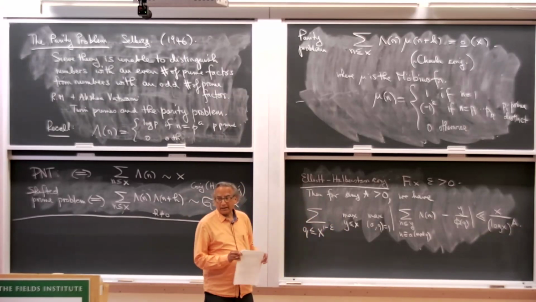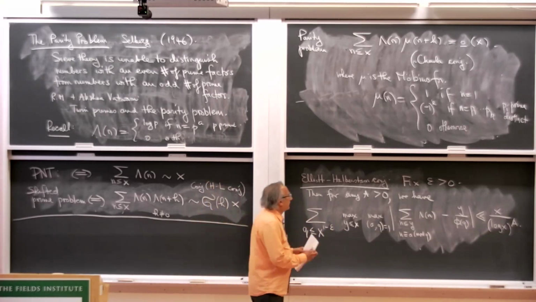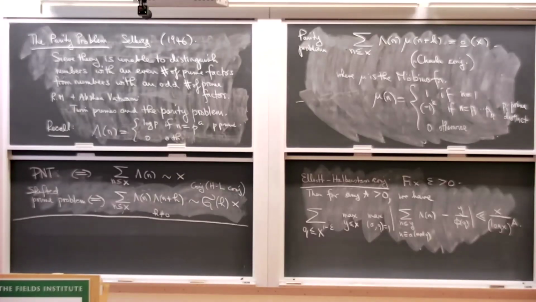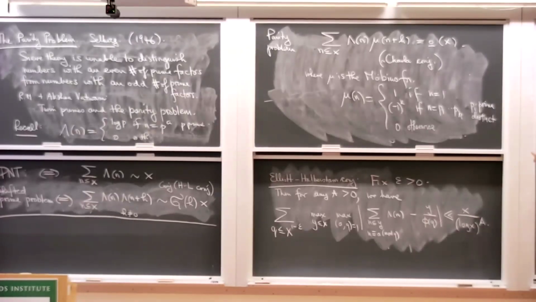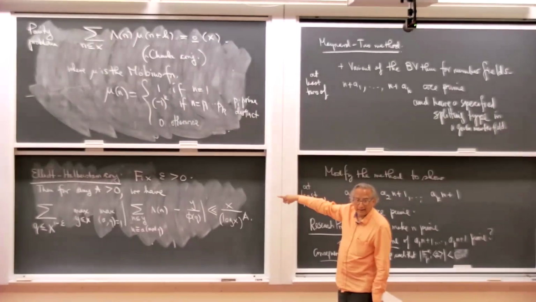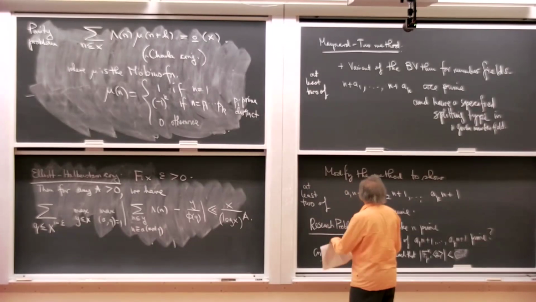I would wager the guess it's x to the 1 over log x, 1 over 1 minus log. I would wager that guess. And if that's the case, then one would have a very simple proof that the parity problem as formulated there, plus the extended Elliot-Halberstam, implies twin primes, if you had that extra piece.